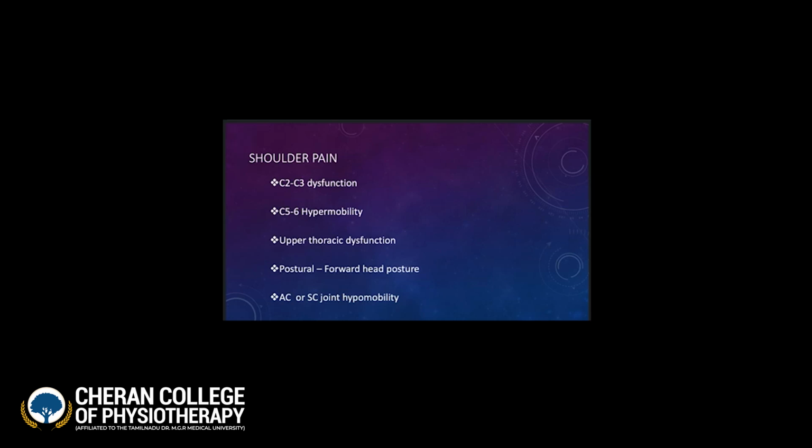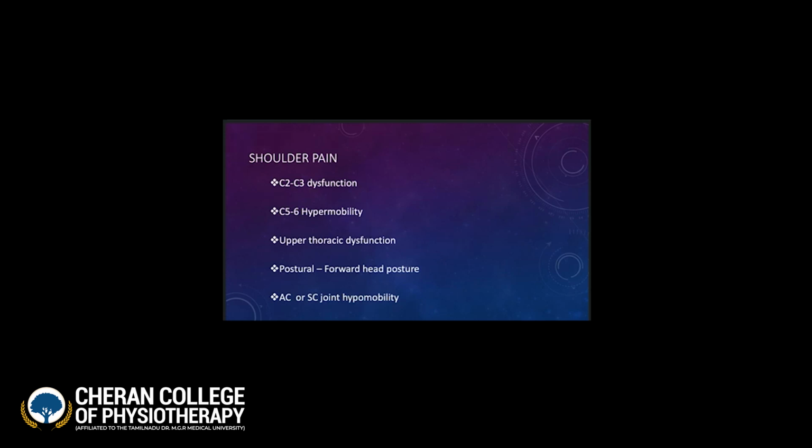So if you look at the slide, I did not put the glenohumeral joint. The glenohumeral joint, as I said earlier, is usually a victim rather than a culprit. It's usually the final joint that gets affected, and it's the final result. The patient will come to the clinic with the complaints, but usually it's not the source of the problem.